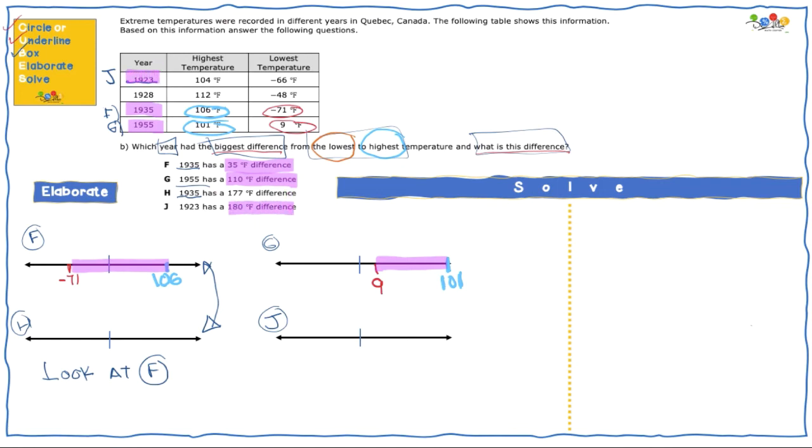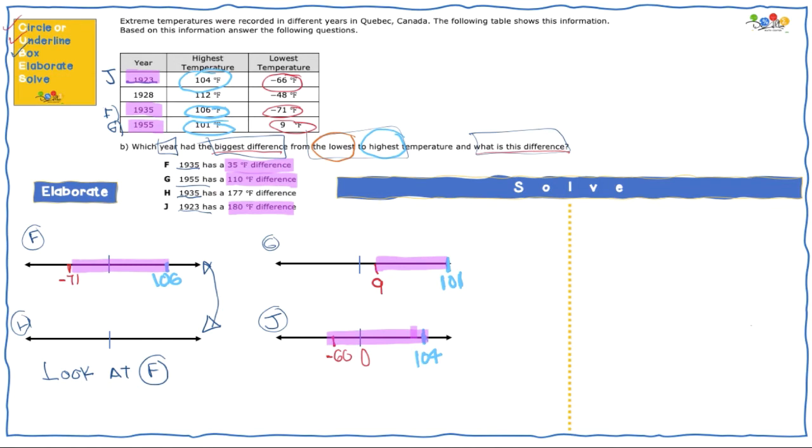That's 1923. So I'm going to come to J and look for the lowest value. In 1923, the lowest value is negative 66. Probably here. This should be our 0. And then in the same year, 1923, the highest was 104. Probably here. And again, I'm going to look at the difference of those two.